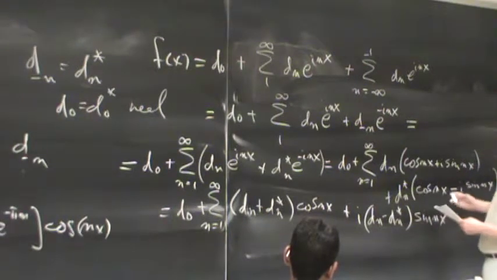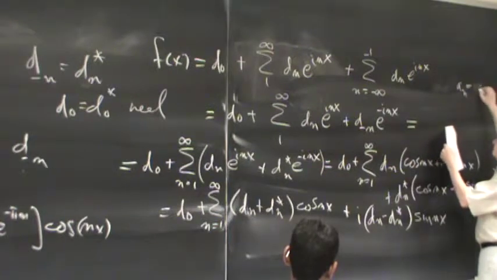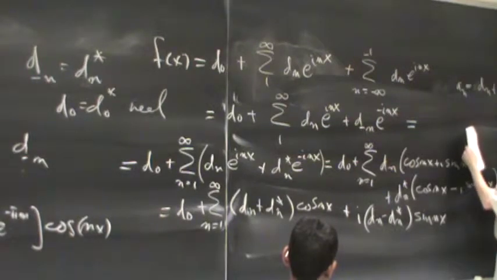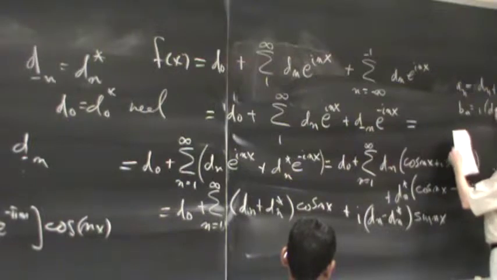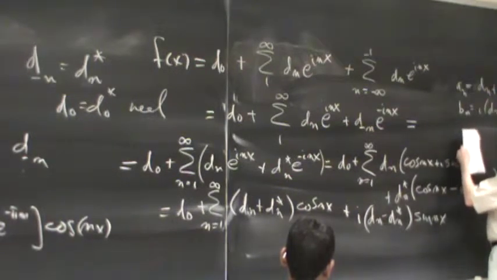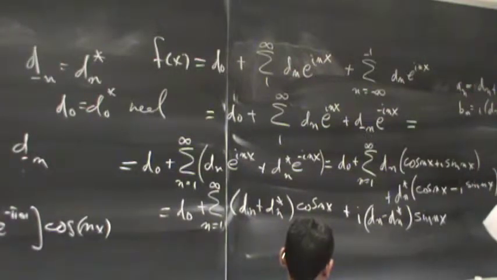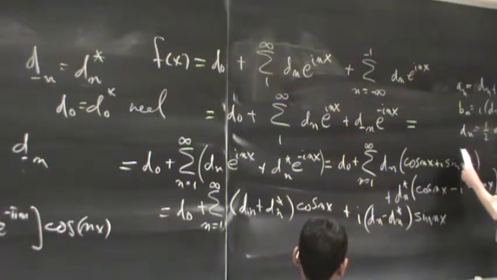And so, if we set a sub n equal to dn plus dn star, and b sub n equal to i times dn minus dn star, we can write dn as a half of an minus i bn.